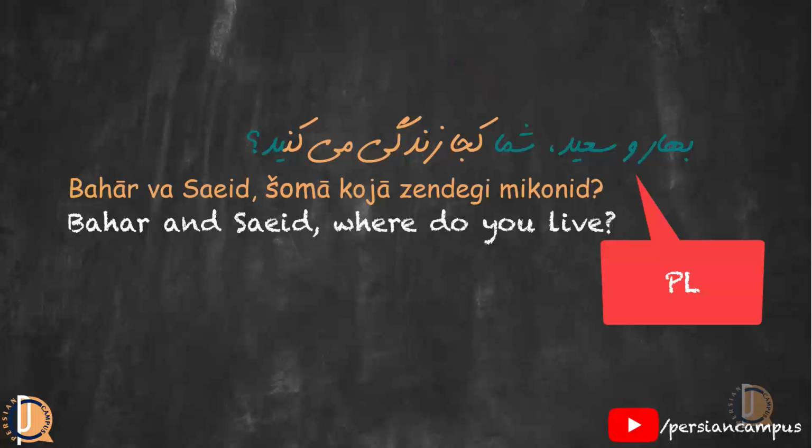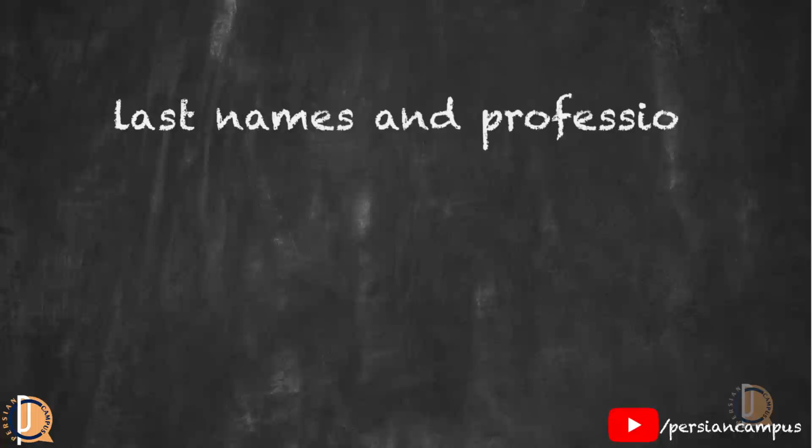Remember, since the situation is informal, you will address these people with their first names. We can use last names or the professions to address the person in a formal situation.